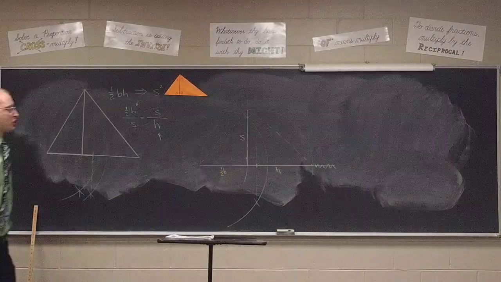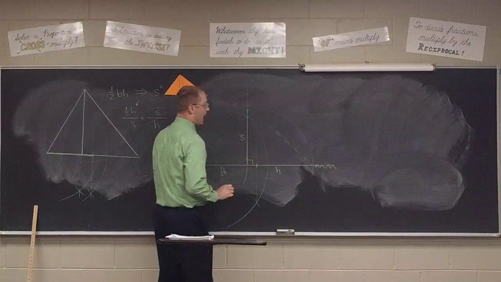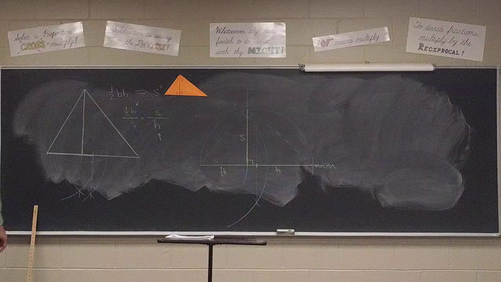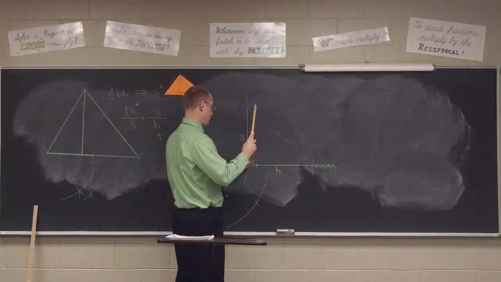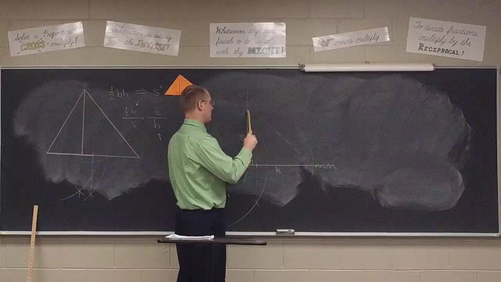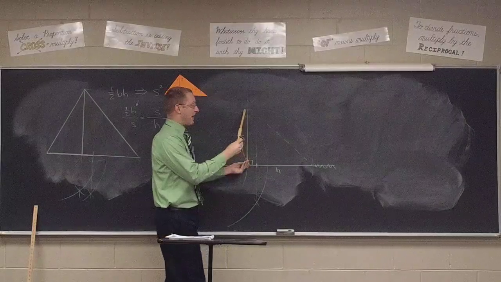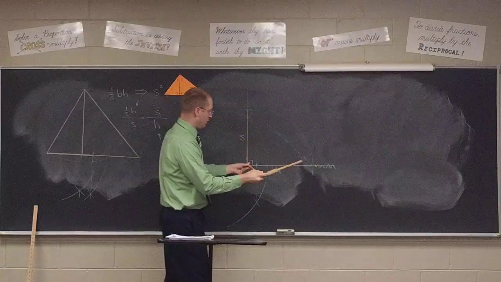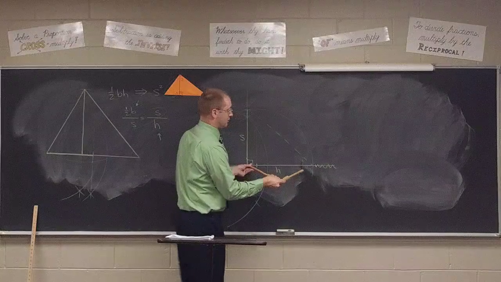Well, remember, to have a square, you need a right angle. I have one. And you need all the sides to be equal. Equal sides means endpoints could be made to coincide, meaning if I measure the distance between the endpoints right there, that's the length of my side. So right here, that's the length of my side.